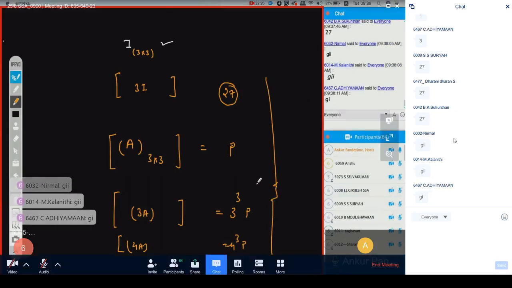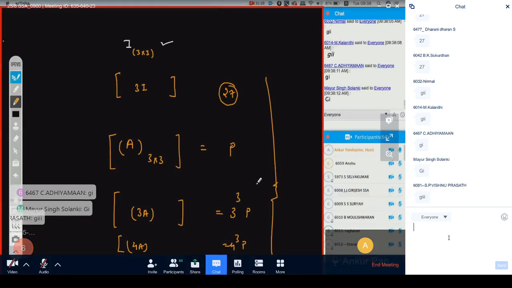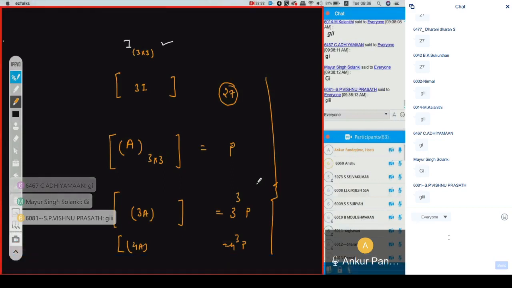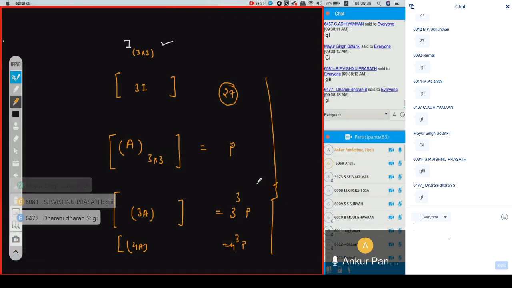So this is with matrices. Now determinant, there are many properties, simplification and all. Clear?